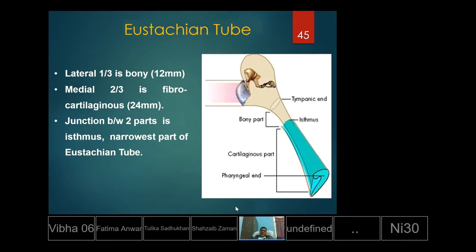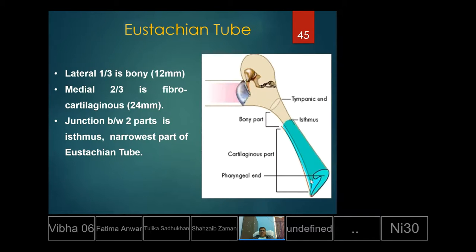The tympanic end is oval, about 5 into 2 mm in area, but the pharyngeal end is slit-like in the resting position. Now this tube is divided into bony and cartilaginous parts.